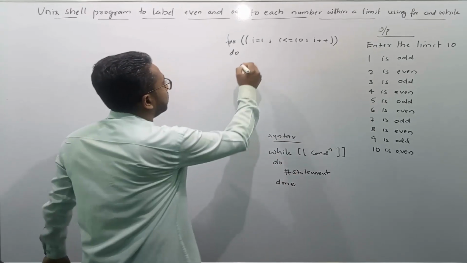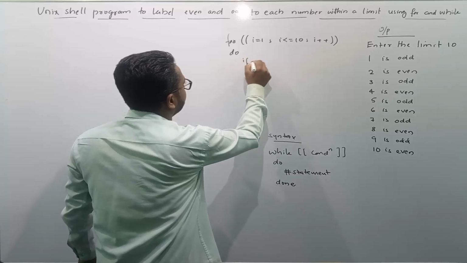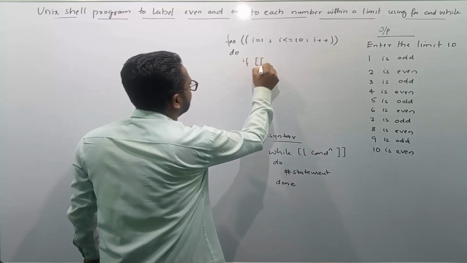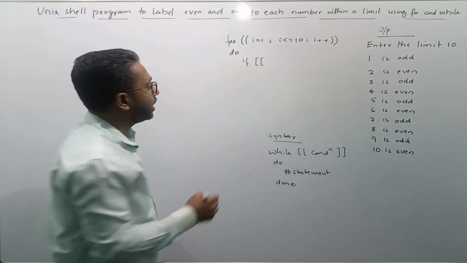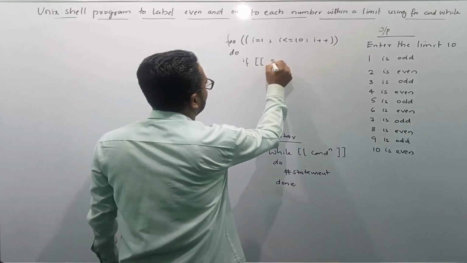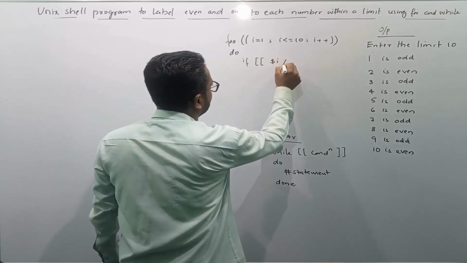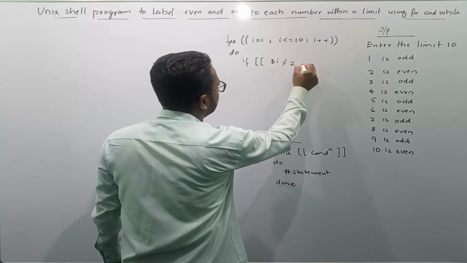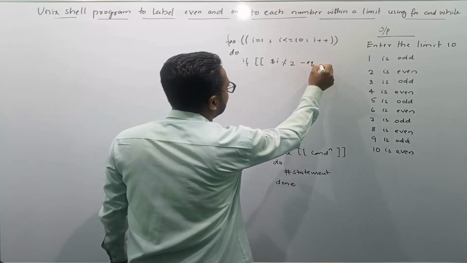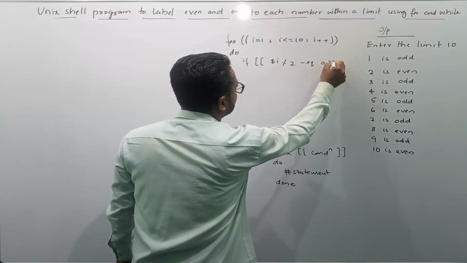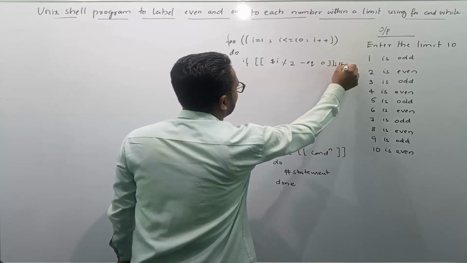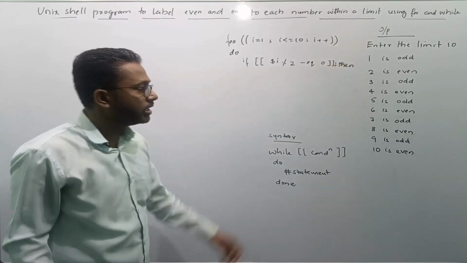So I will use that condition: if, space, two open square brackets, $I mod 2 is equal to 0, semicolon, then. Here I am checking.